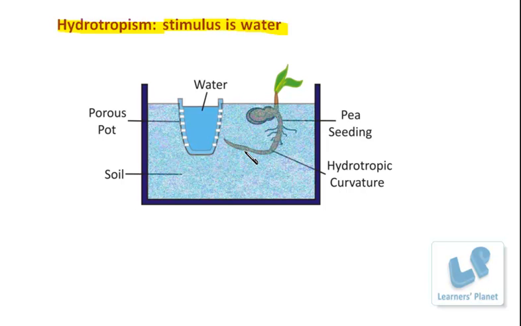It suggests that the roots are positively hydrotropic, whereas the shoot, you can see this in the diagram also, will move away from the direction from where the water is present, right? So this is how we can prove that roots are positively hydrotropic and shoots are negatively hydrotropic.